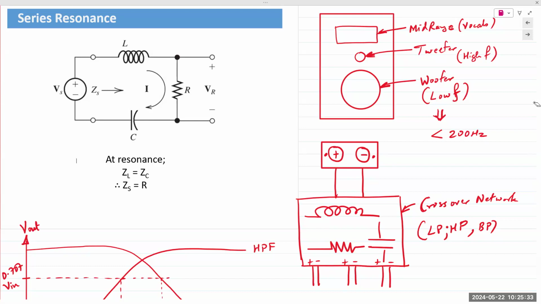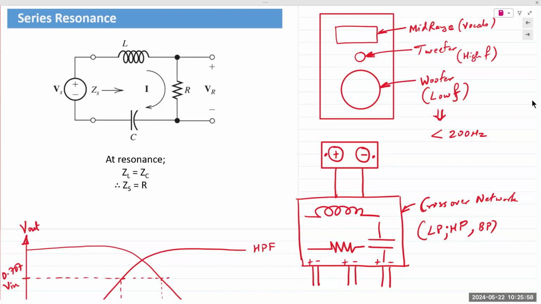That frequency is known as the resonant frequency, because the impedance of the inductor and capacitor cancel each other out. And when they cancel each other out, the only impedance left in the circuit is purely resistive, R. Hence, the output of that circuit goes to maximum.